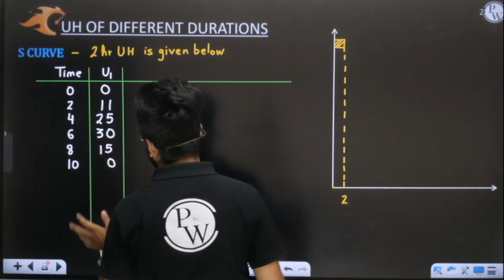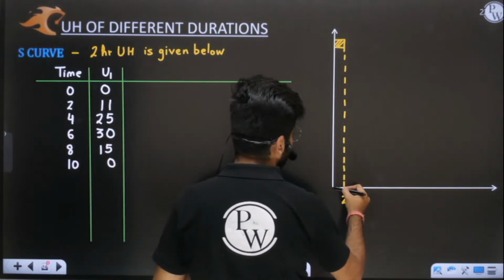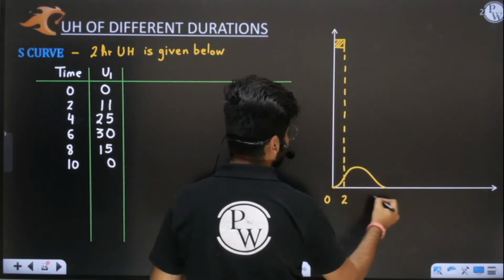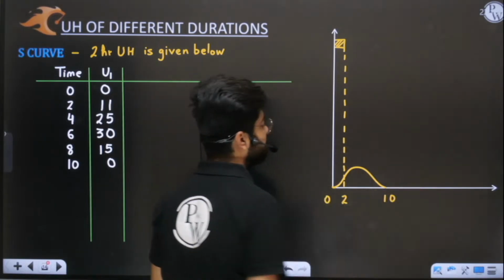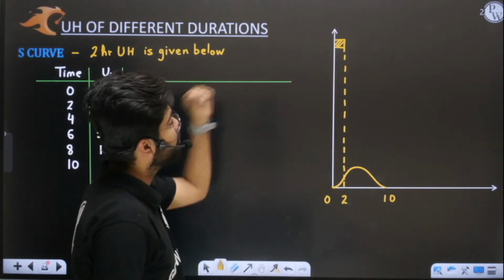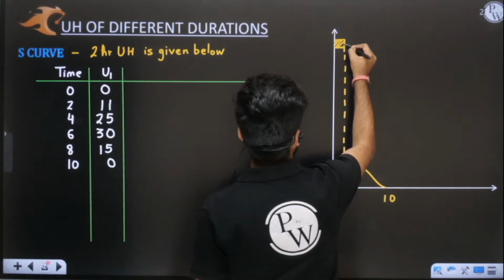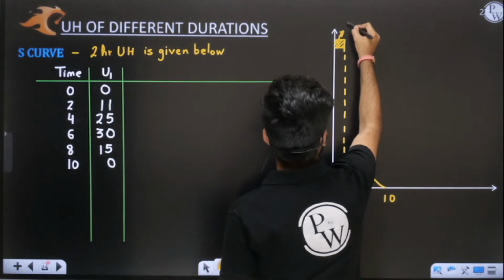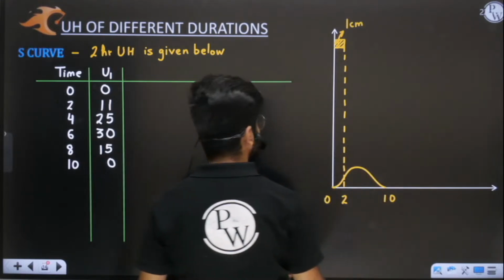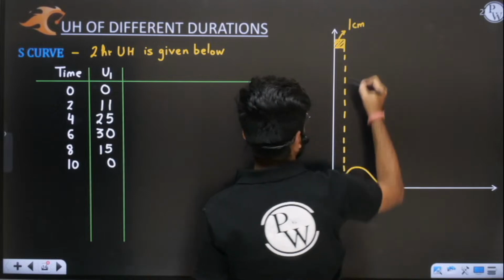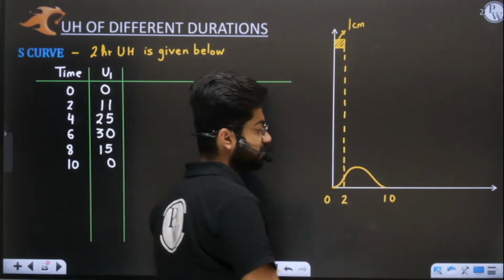The base time is 10 hours, so the effect will vary from 0 to 10. Rainfall duration is only 2 hours, and the total effective rainfall depth is 1 centimeter, and this is the effect.